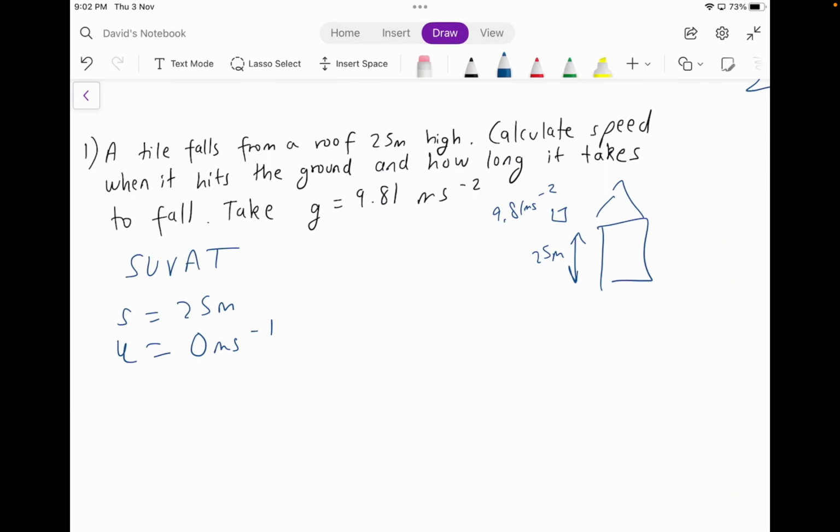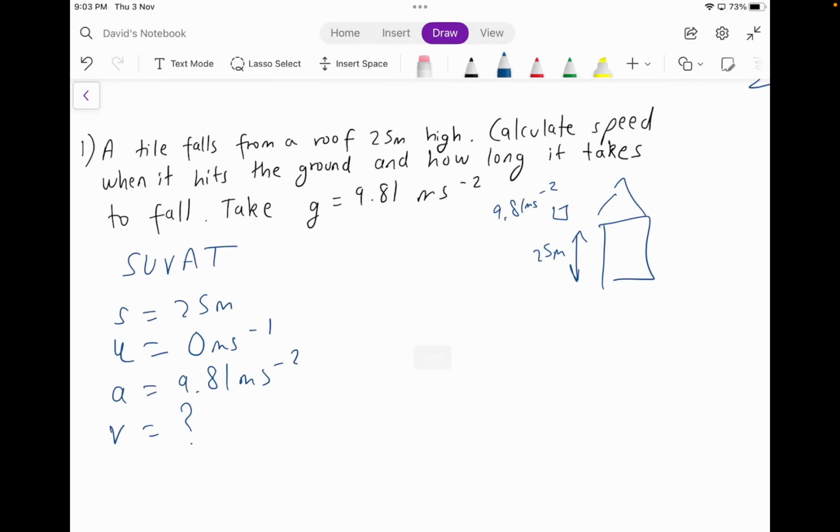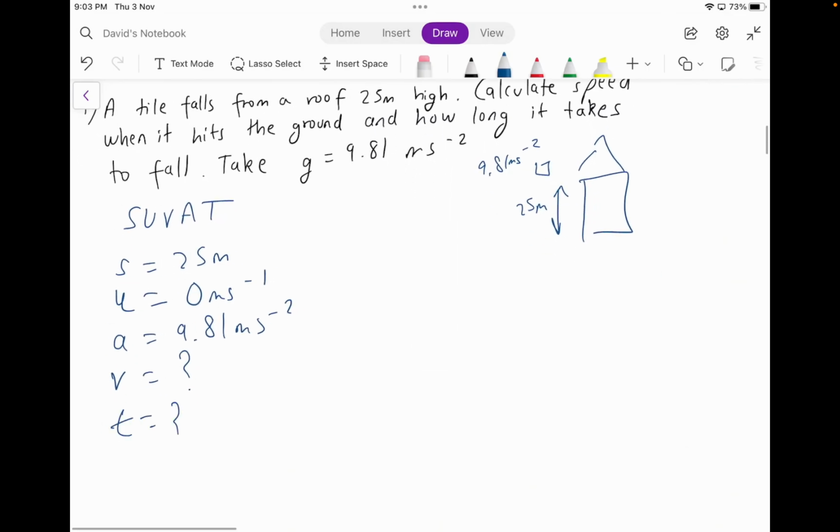The acceleration due to gravity is 9.81 meters per second squared. The final velocity is unknown, and the time is also not known.